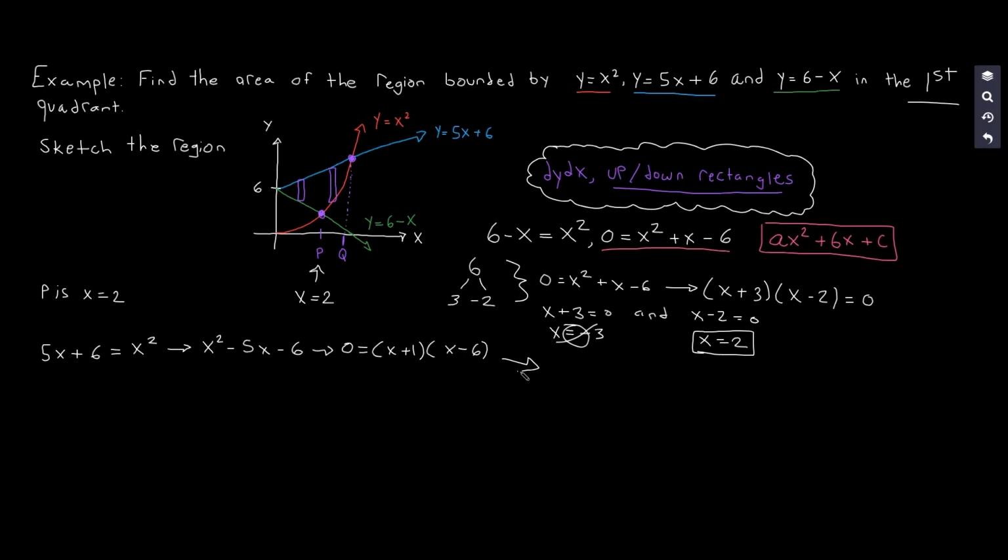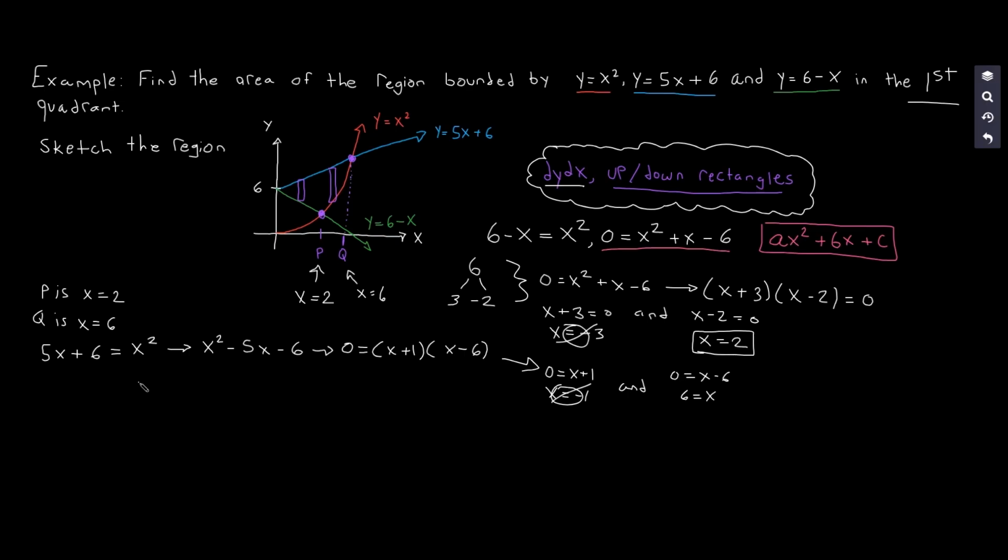So it's going to be 0 equals x plus 1, which is x equals negative 1, and 0 equals x minus 6, and that means that 6 equals x. And so it can't be negative 1. So that must mean that x is 6.